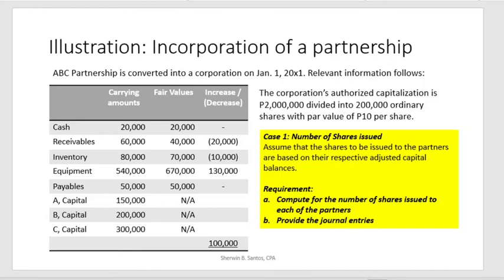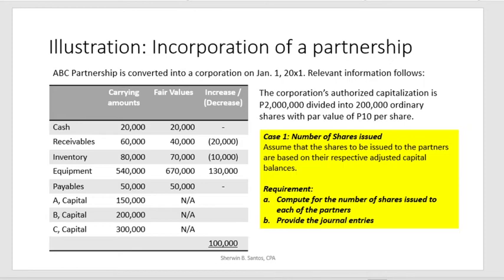So, binigyan ka ng balance sheet. So, cash, receivables, inventory, equipment, payables, and the capital accounts. Carrying amounts and then compared with fair value. Di ba sinabi ko kanina na ipapakita mo na yung fair value nila. Kasi you have to restate this before a corporation absorbs the items in your balance sheet.